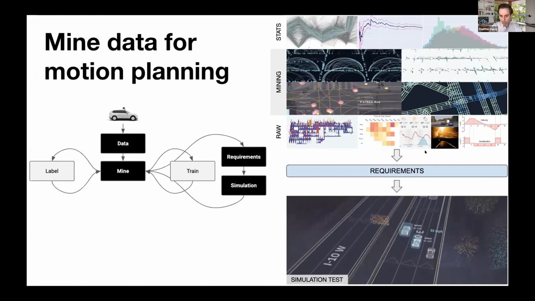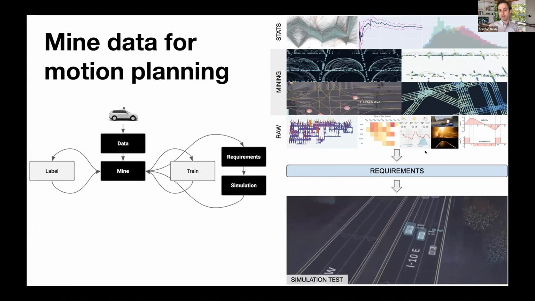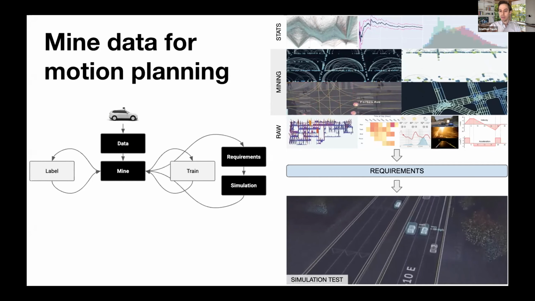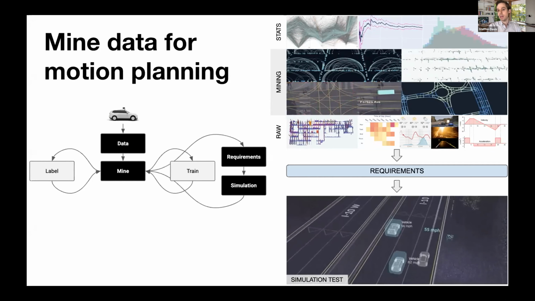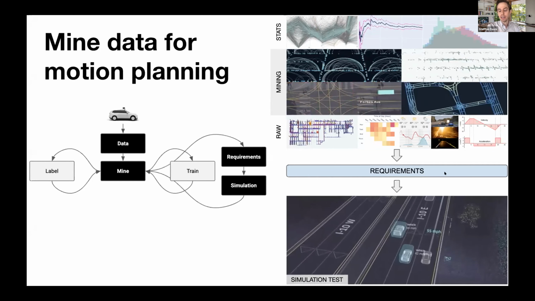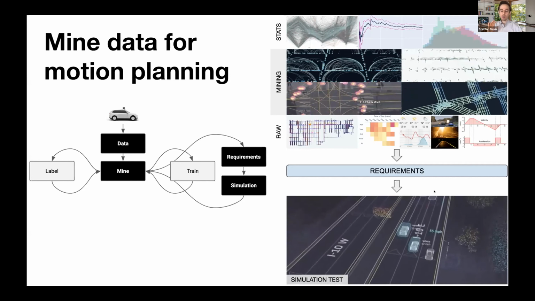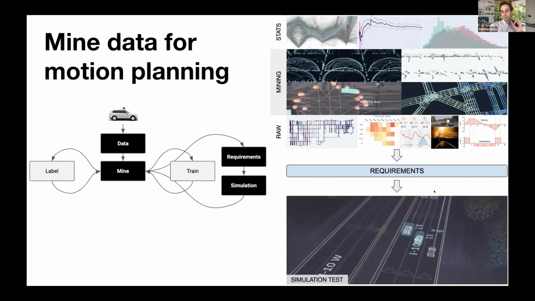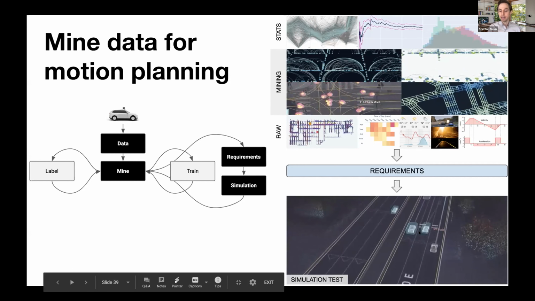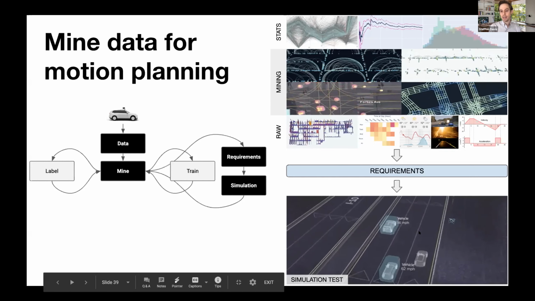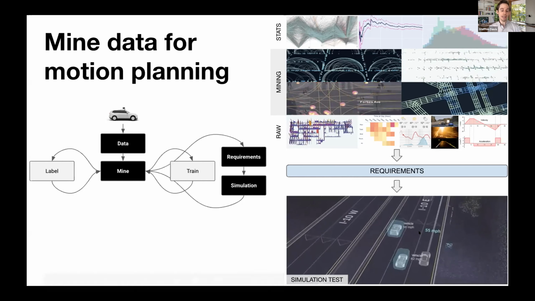So, given that this is how pedestrians cross the street, what are the safety, policy, et cetera, requirements that need to be in place to handle that scenario? And then those requirements and those characterizations from the real world are used to create simulation tests to then test that motion planning capability.